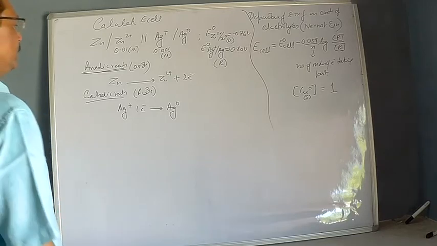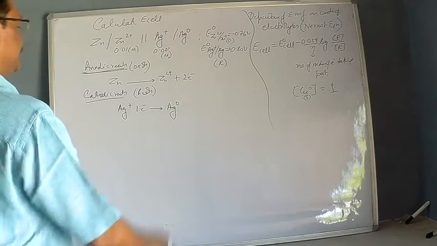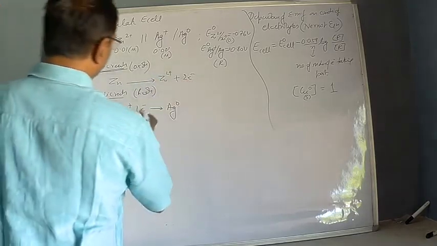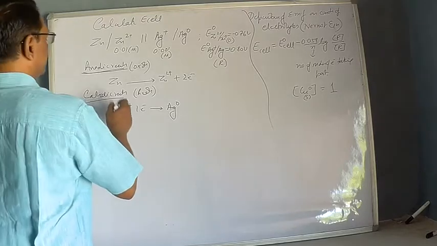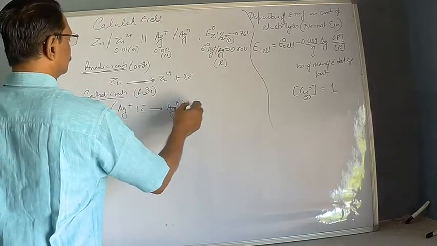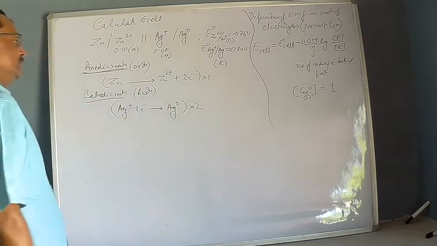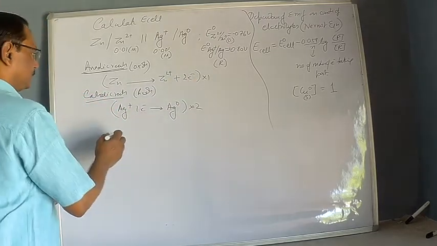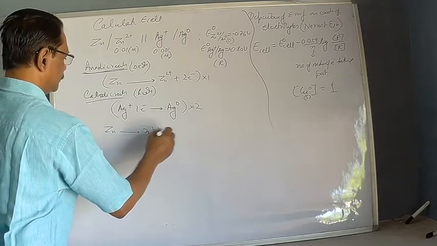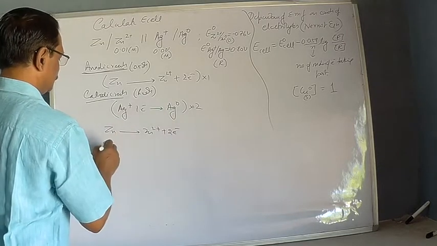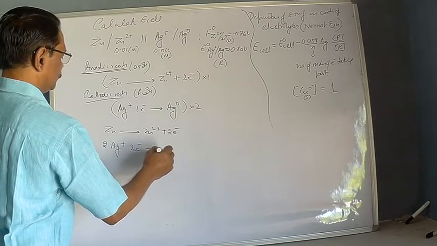But class, you all know that number of electrons should be same. Zn is giving us 2 electrons and silver is consuming only 1 electron. So what we'll have to do? We'll have to multiply this reaction by 2, cross multiply, and this reaction by 1 to balance total number of electrons. So I can write Zn giving me Zn2+ plus 2 electrons, 2 Ag+ consuming 2 electrons, giving me 2 Ag0.